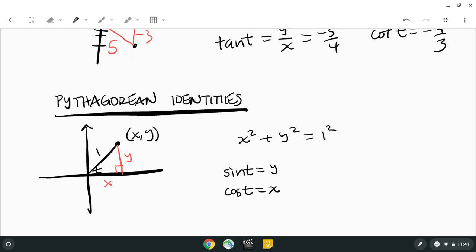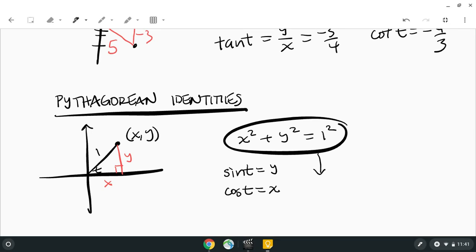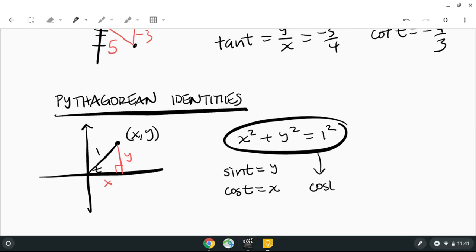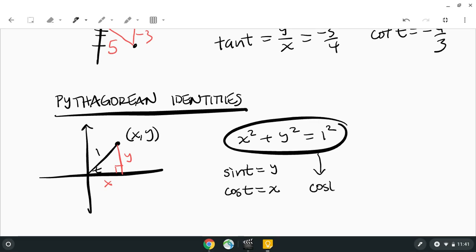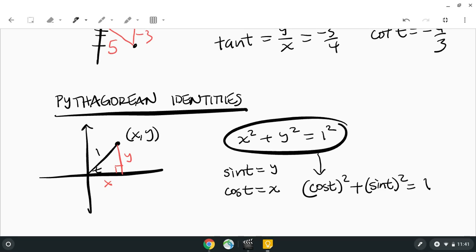So I can plug those into here. Okay, so here, then, I get x is cosine, y is sine t, and I get this. Okay?